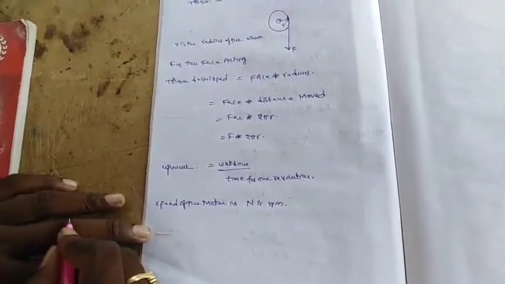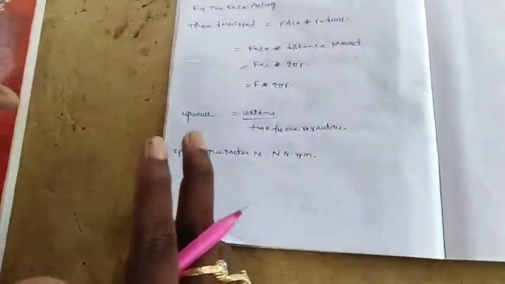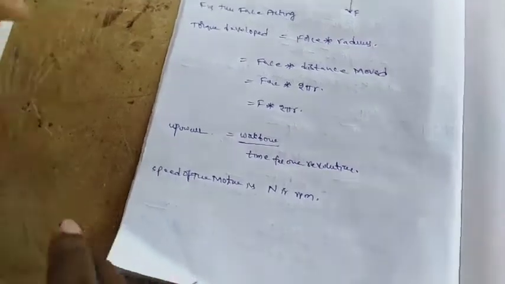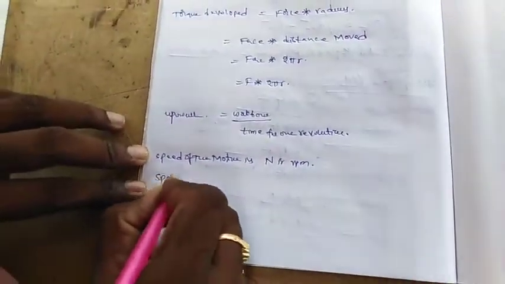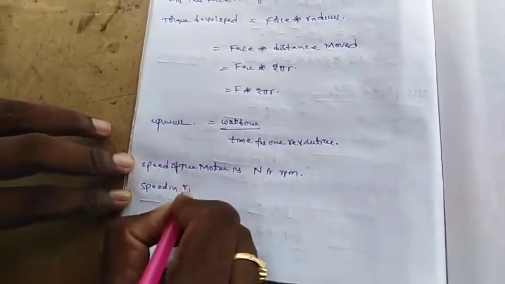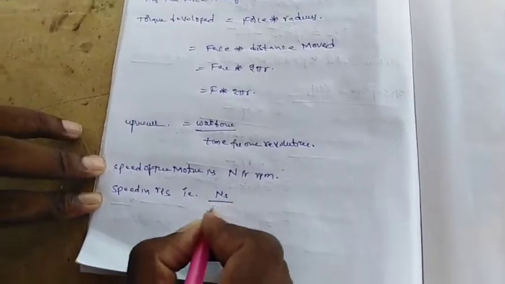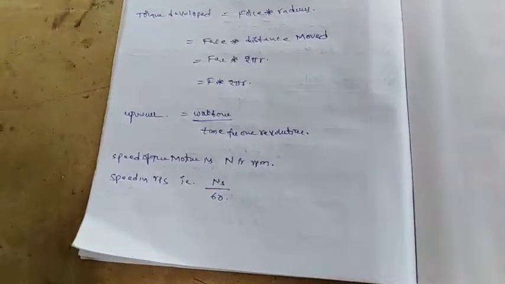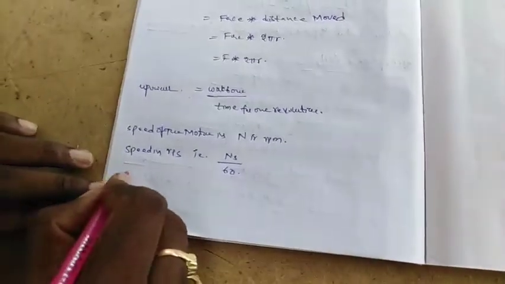RPM means revolutions per minute. So speed in RPS is N divided by 60.